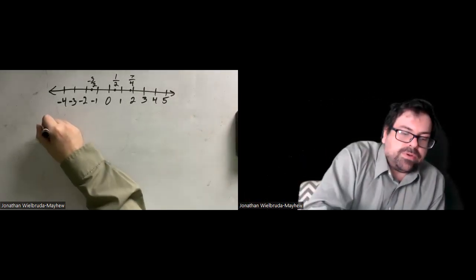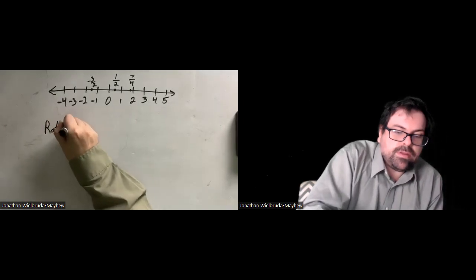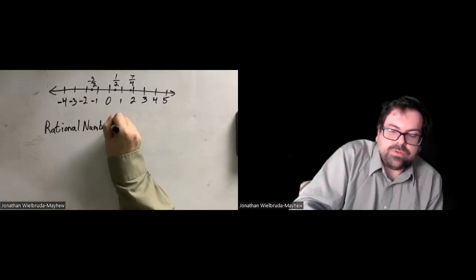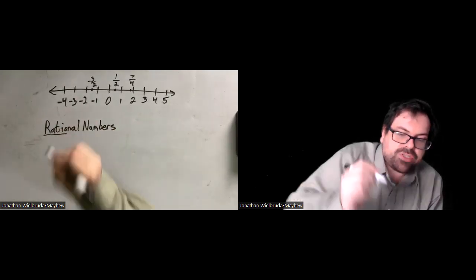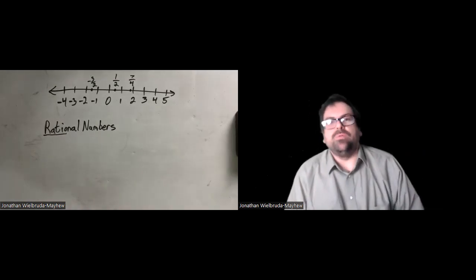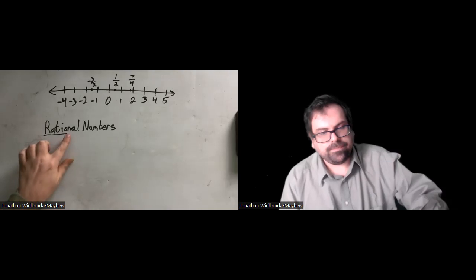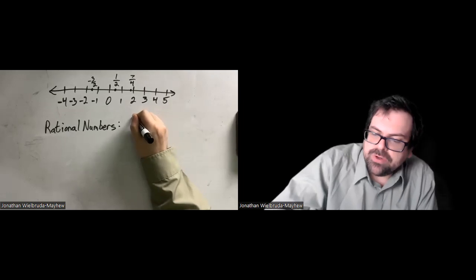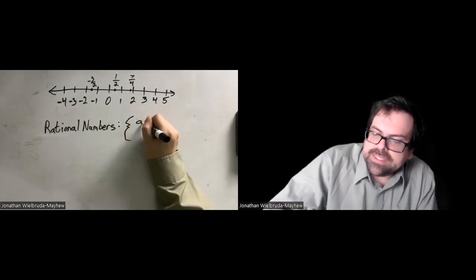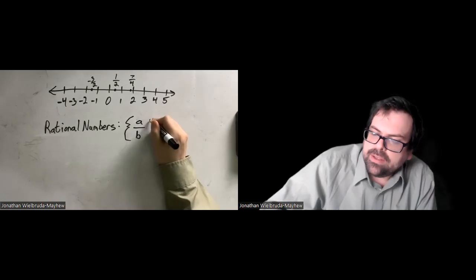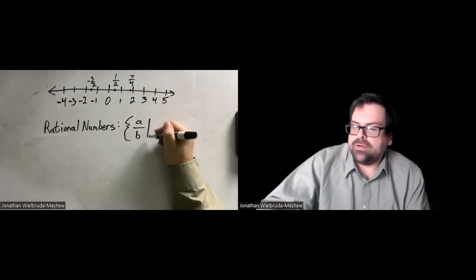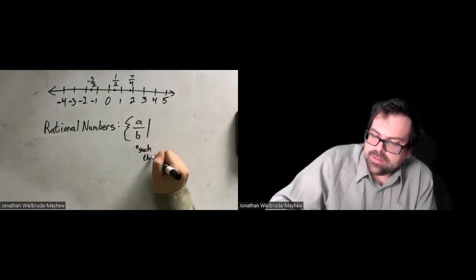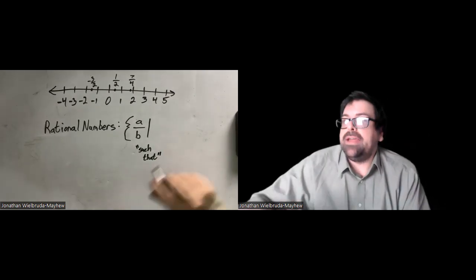We refer to these numbers as rational numbers. The root of that word rational is ratio. Ratio, written as a fraction. Technical definition for rational numbers is the set of all A over B. This bar, when it's in a set, means such that.